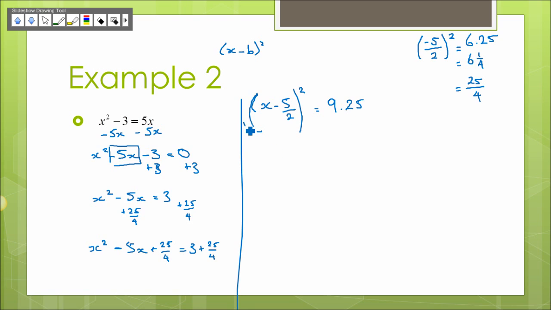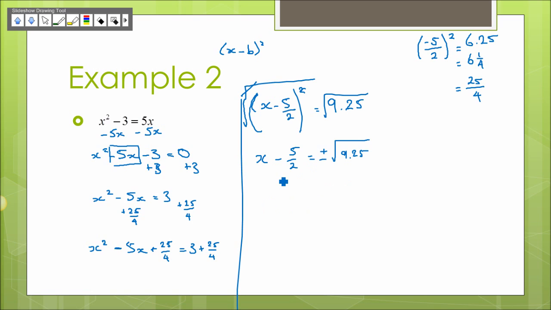So we take the square root of both sides, and that removes the squared. So our next line is x minus 5 over 2 equals plus or minus the square root of 9.25.